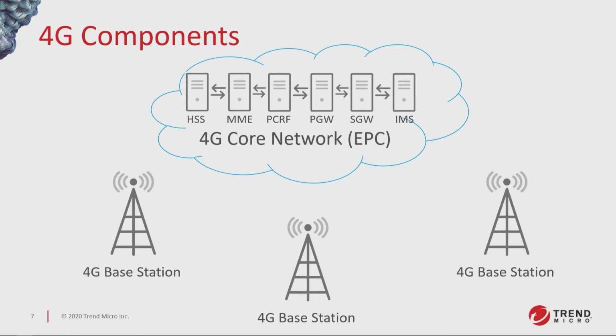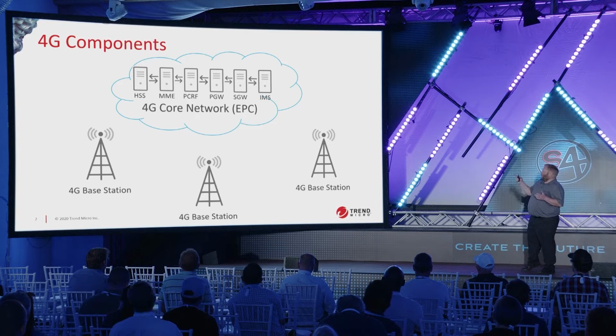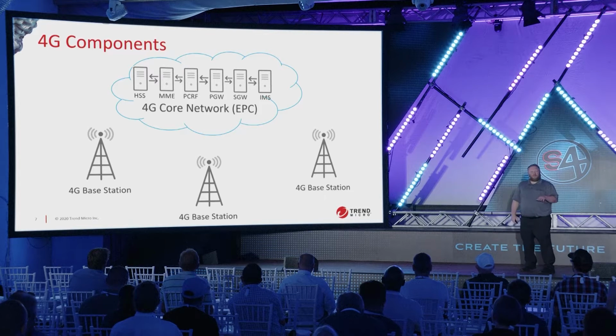I can't remember the name of it. You have some gateways in there, and then you have the base stations which connect back into the different components. Now for the 5G hybrid networks, what you have is essentially the exact same thing. They just add a 5G base station. So you're not getting anything really new except the speed and some of the 5G attributes.